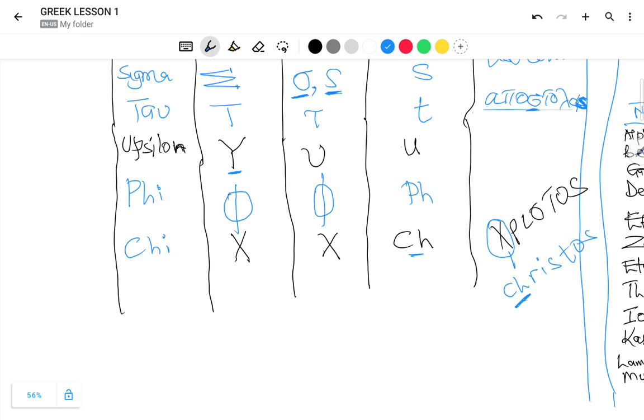That's why Christ is written like this, because Christos is a Greek word for the anointed one of God, which is similar to the Hebrew word Hamashiach, which is where we get the word Messiah. Jesus Christos is very similar to Yeshua Hamashiach. So when you say Jesus Christos, Jesus Christ, you're saying Jesus, the anointed one of God.